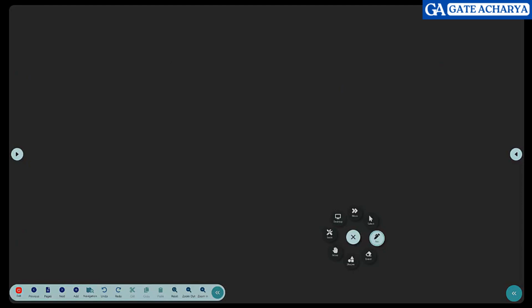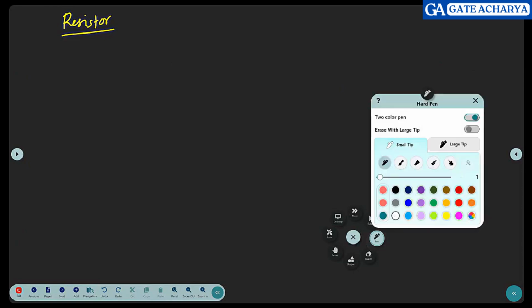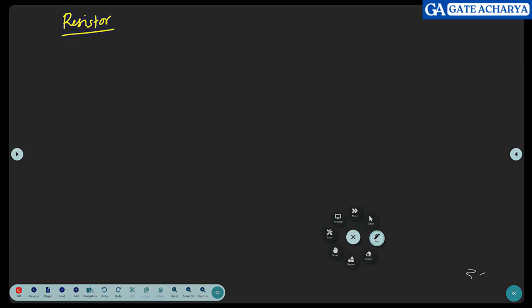I am more interested in the resistor to start with. We'll introduce the basic math equations behind it. The basic equation, as you all know, is V equal to I into R. I can be written as dq by dt, so this becomes R dq by dt.